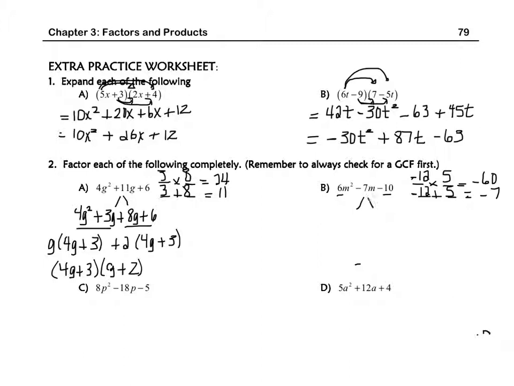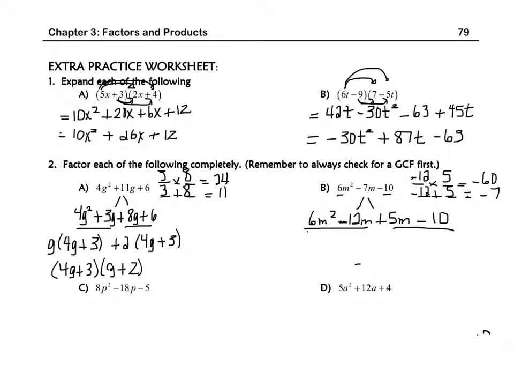So if we break down the middle term, we get 6m squared minus 12m plus 5m. It does not matter which order you put these middle terms in when you're breaking it down. You could put the 5m first if you want, and the negative 12m second. Just make sure that the negative is with the 12 and the positive is with the 5. You'll get the same factors if you do it the opposite way, but they'll just be in a different order.